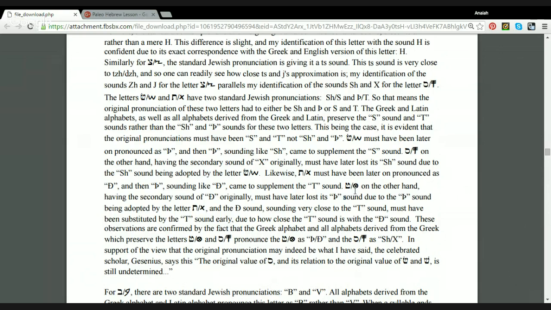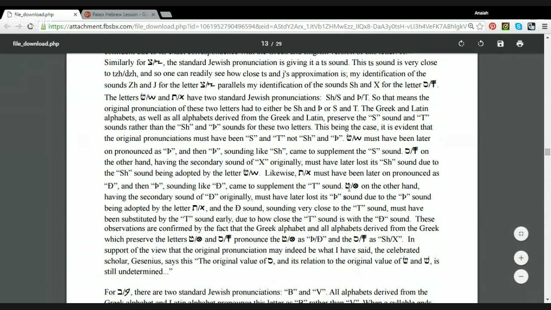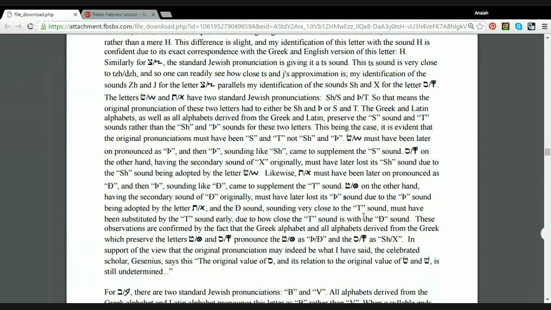I say TH, on the other hand, having the secondary sound of DH, originally must have lost its TH sound due to the TH sound being adopted by the letter T, and the sound sounding very close to T, because TH and T sound very similar, must have been substituted by the T due to how close the T sound is with the sound.